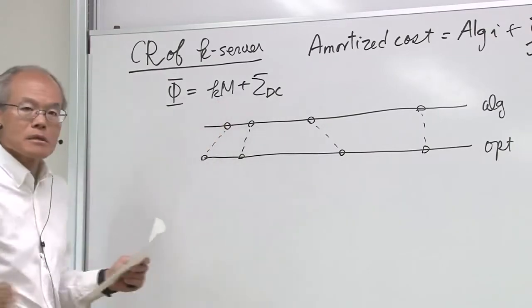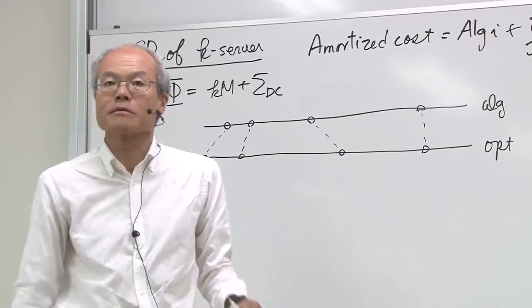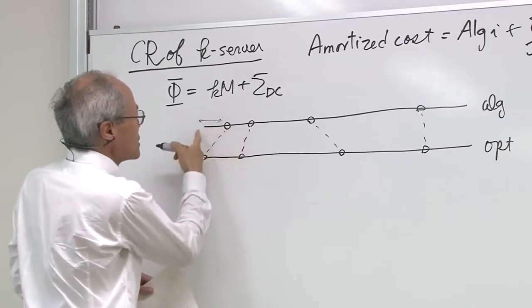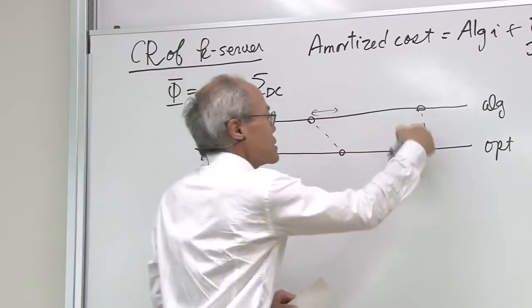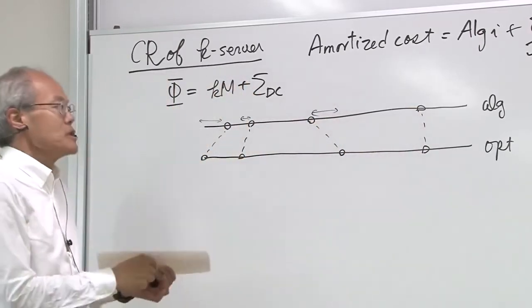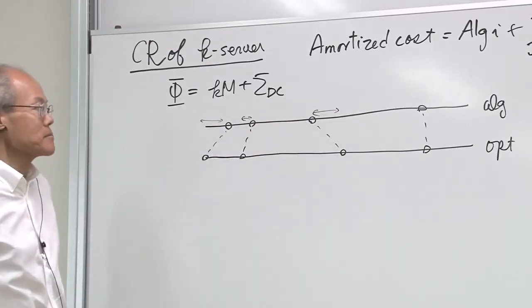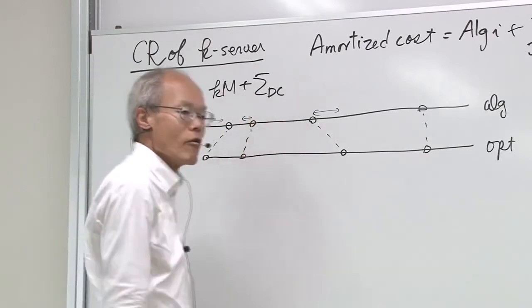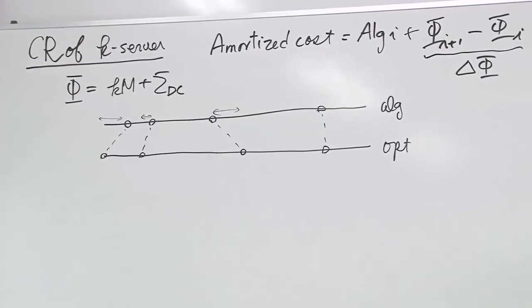This M means the total size, the sum of the lengths of the matching. Sigma DC is the sum of lengths of all pairs of arg servers. So this is the function psi.